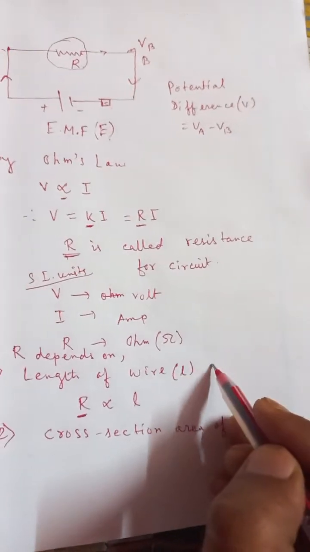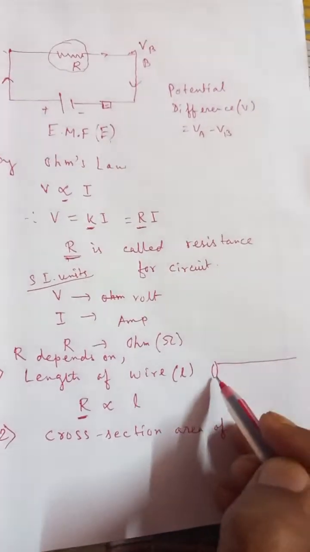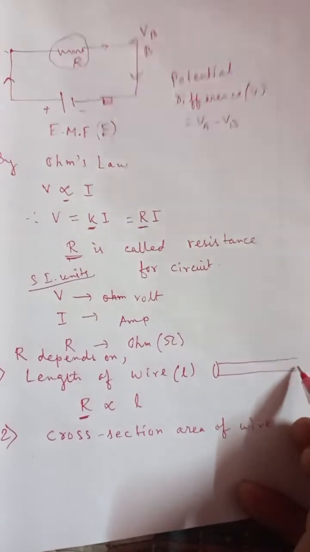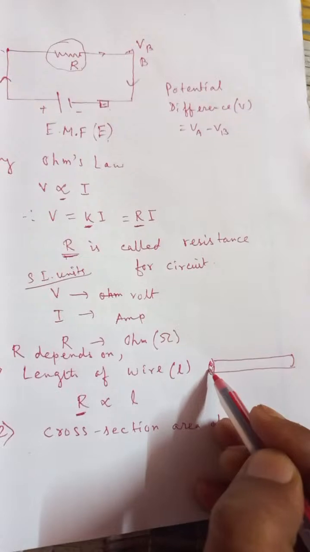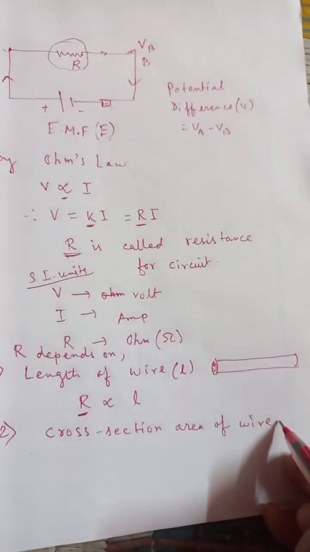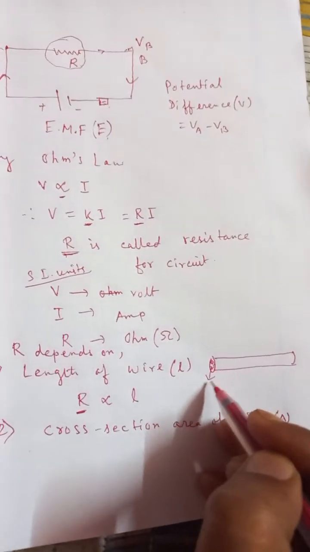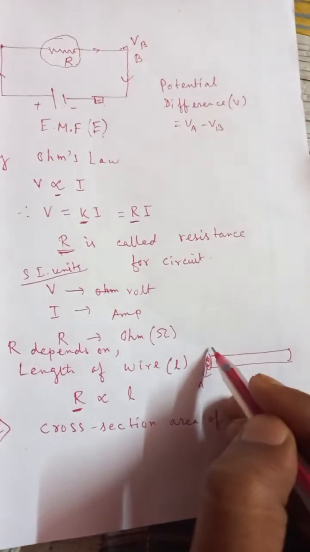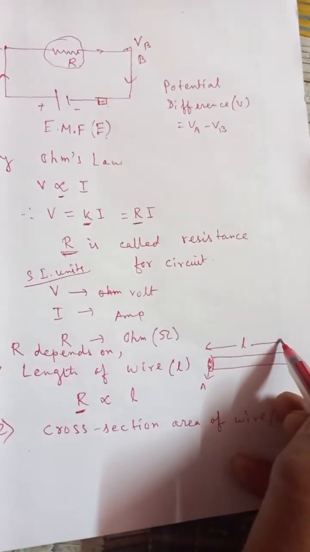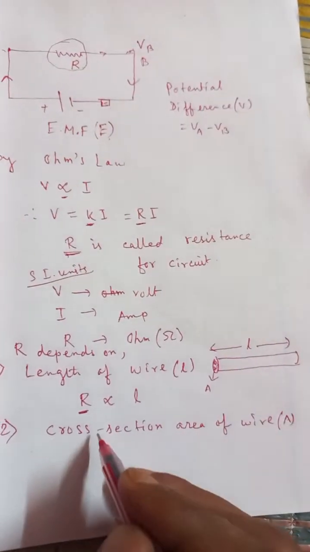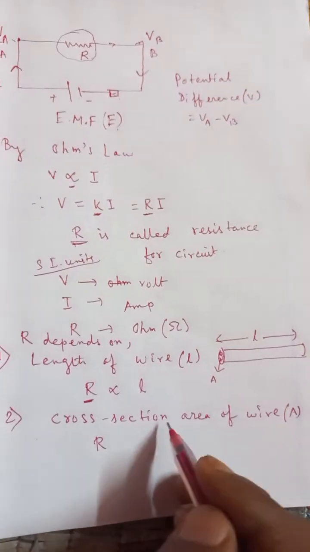So if we take the wire in this way, as a cylindrical shape, this area is called the cross sectional area of the wire, which is A, and the length is L. So R depends on the cross section area.